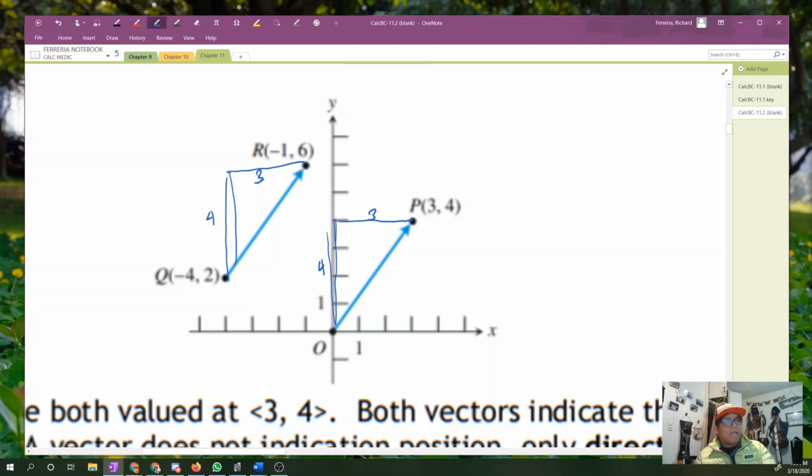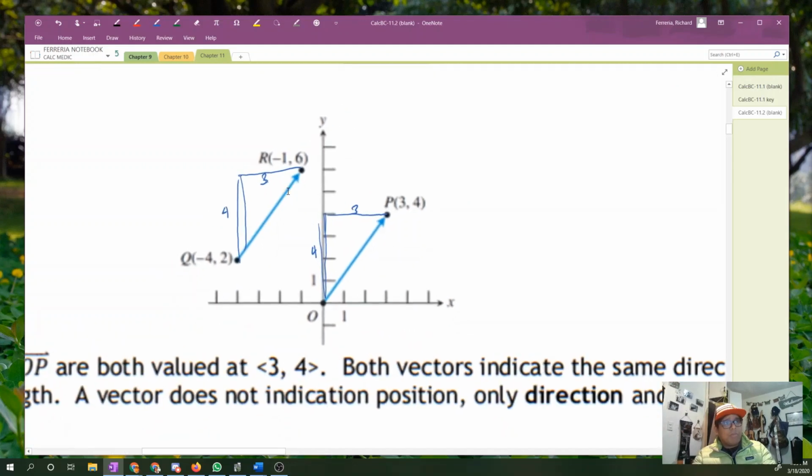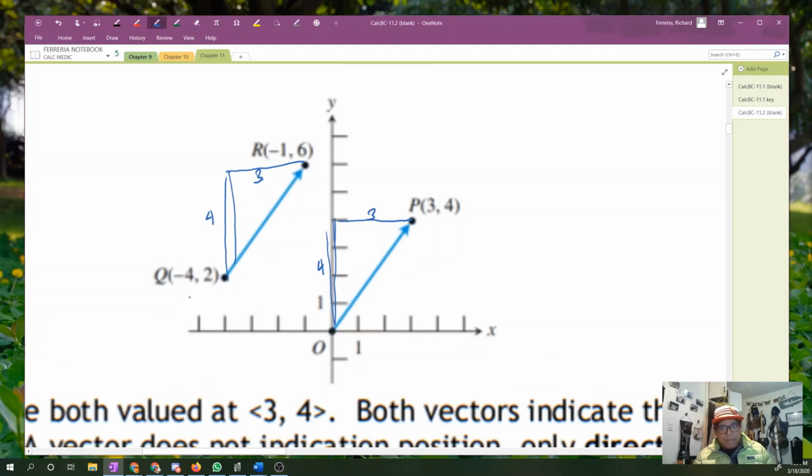So let's back out a little bit now. We should probably say that oftentimes we're going to call this bottom part over here the tail, and we'll call that the tip. So tip to tail.